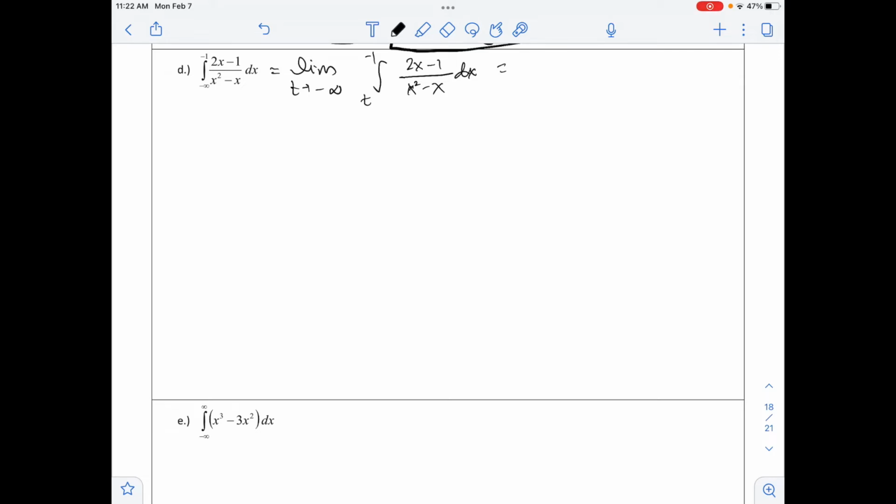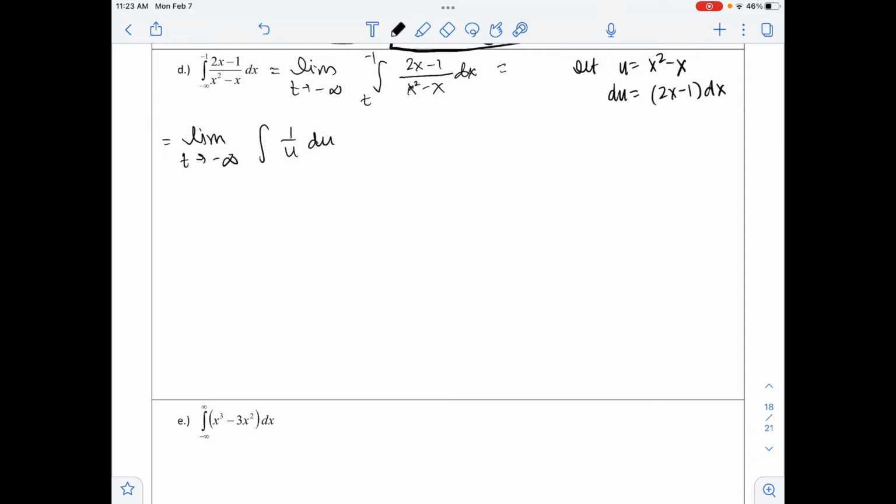I'm noticing that the denominator of x squared minus x, the derivative of that is equal to the numerator. And so let's try letting u equal x squared minus x. Then du is going to be (2x minus 1) dx. And so our limit as t approaches negative infinity of our integral is now going to become 1 over u du.